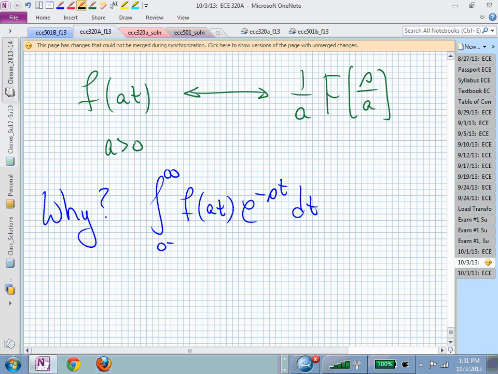That doesn't look like what we're used to seeing, does it? Because we like to have just an f of a single argument, not at. So let's change that. Let's just call it tau. Then anywhere else we see a t, we'll have to replace that with t over a, or tau over a.